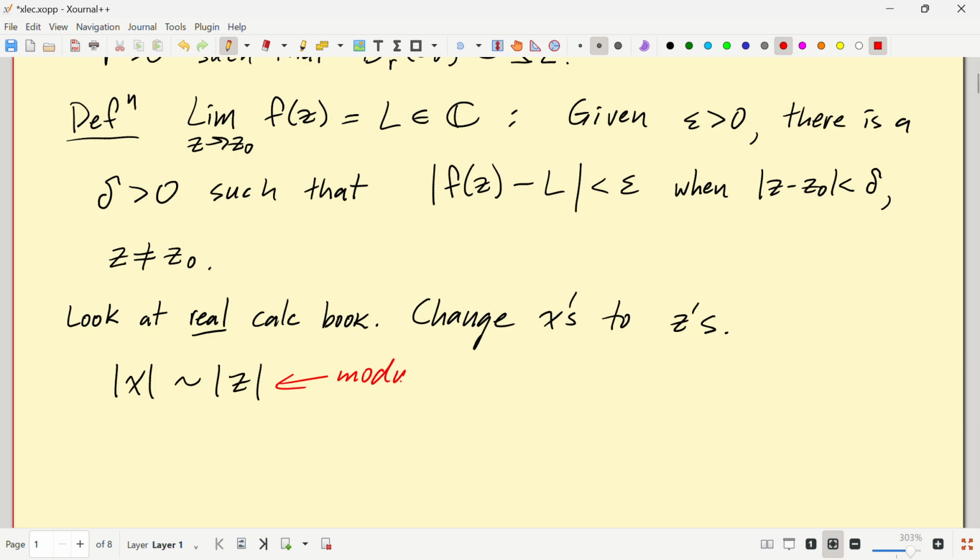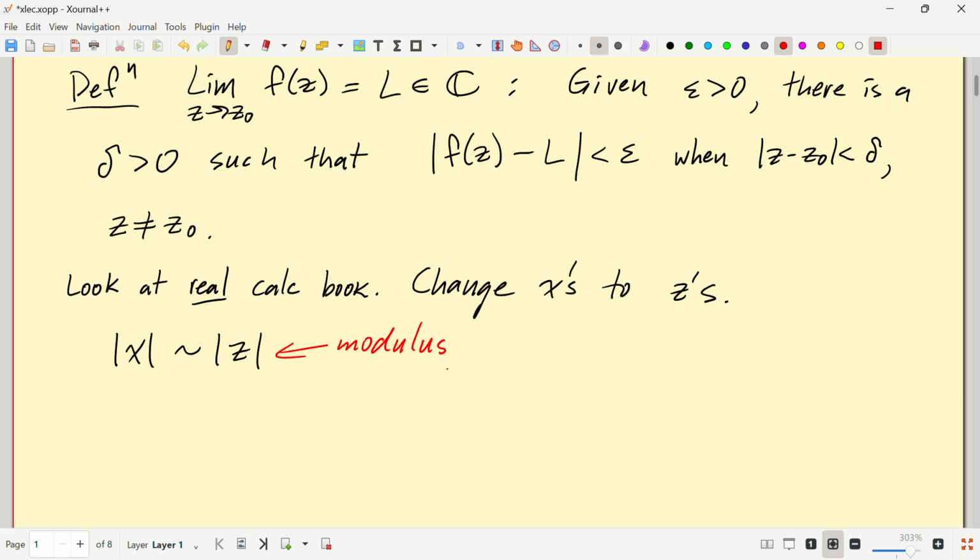And I didn't do all the things you should read in the book, like show that the triangle inequality holds for the modulus, but it does, which means all the inequalities and everything you ever did in freshman calculus is going to work exactly the same and look exactly the same. So that leads you to believe that, oh my God, this is kind of a tedious, routine thing to do, and for a while it is.